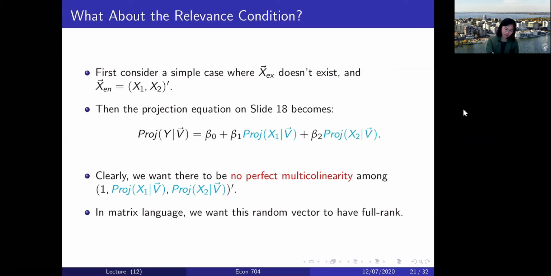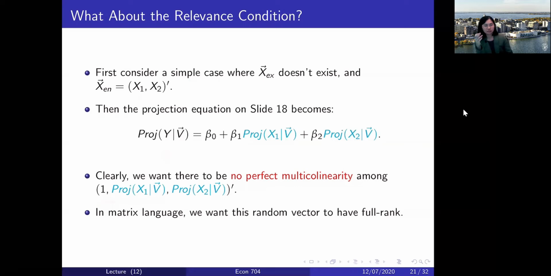So clearly we want there to be no perfect multicollinearity among these two variables and the constant, right? Because if there is perfect multicollinearity among these variables, then the second stage where we regress y on these two projections will not be good.